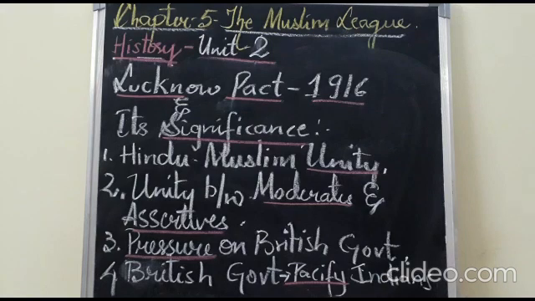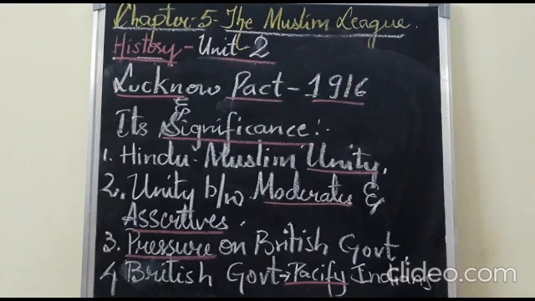The next, it became a necessity to pacify Indians. As the First World War continued, the leaders of the Congress and the League impressed upon the British government that their demands for constitutional reforms should not be rejected if they wished Indians to be loyal to them, because the First World War was going on.